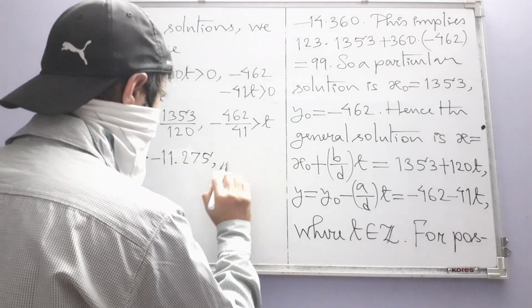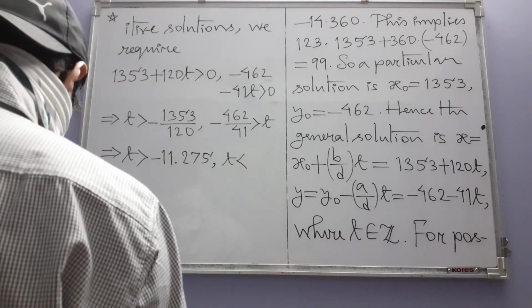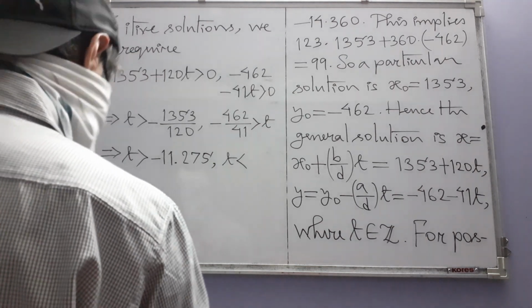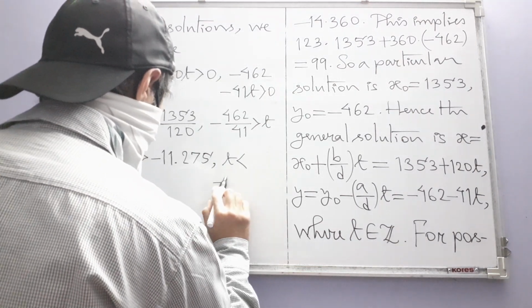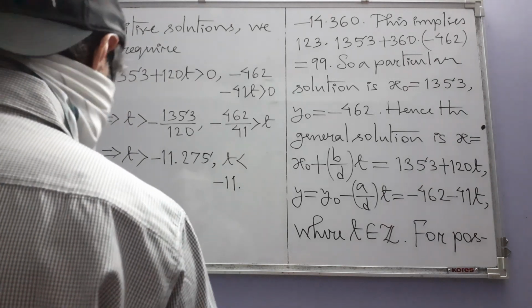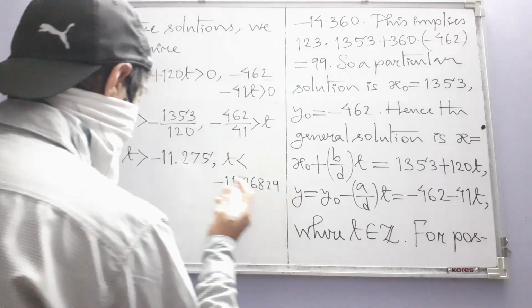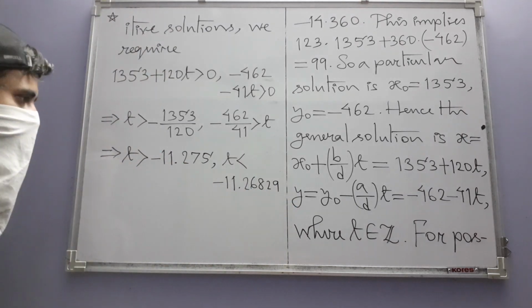And here t is less than approximately minus 11.26829. You can write 2683 if you want.